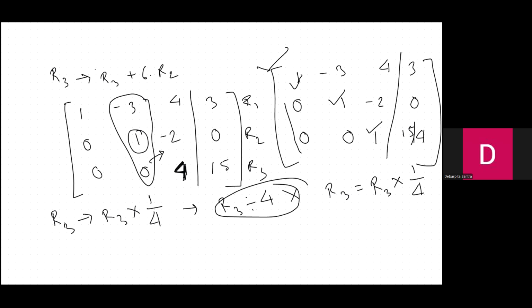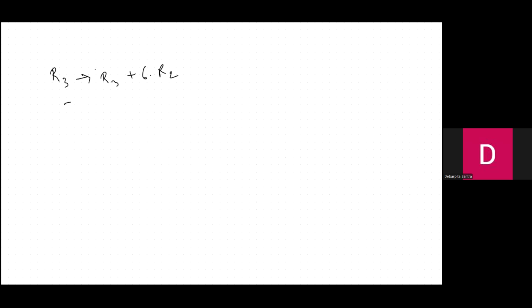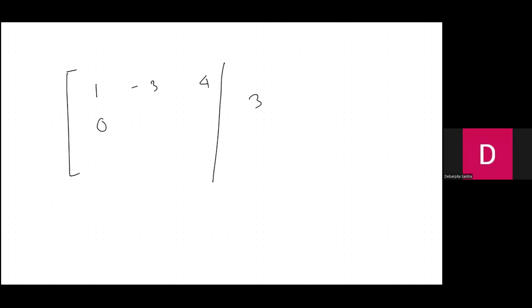So let me just write down the final matrix freshly. That is the matrix that is in the row echelon form. So the matrix looks like this. That is 1 minus 3, 4, 3, 0, 1, minus 2, it is 0, and 0, 0, 1, it is 15 by 4.